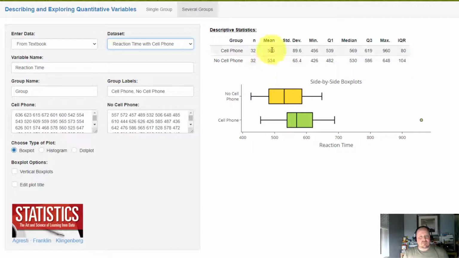They have different mean values, but in this module, we're talking about the median. So we can see that there's a difference in the median. The no cell phone group has a lower median, which means that reaction time for most of that group, half or more, was less than the reaction time for those who were on their cell phone.